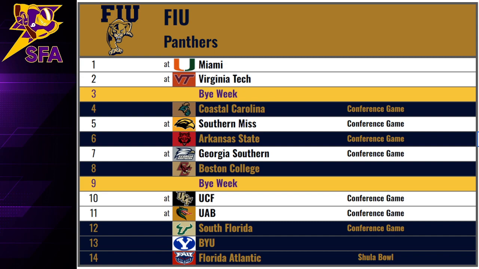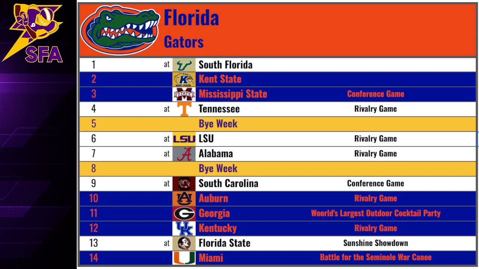I want FIU to have a good year, but probably won't. And then where do I go next? Florida, the Gators. They got South Florida, Kent State. Very easy matchups there. And then they've got Florida State. And where's the other non-conference game? Miami.